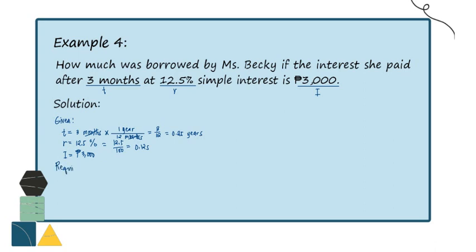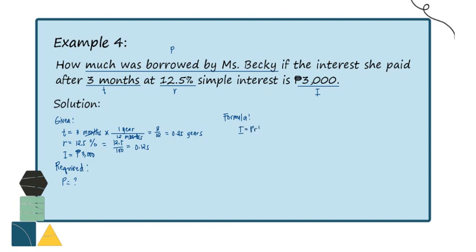Let's find now the required. In the problem, it was asked how much was borrowed by Miss Becky. So how much was borrowed tells us that we are trying to find the principal. Therefore, P here is the missing value. Again, we try to find a formula that we could use to find the principal. For this case, we have I is equal to PRT.